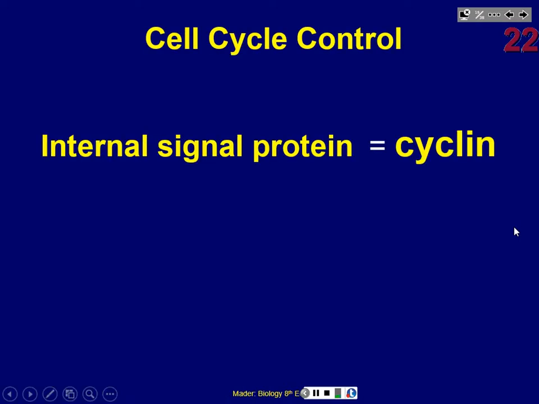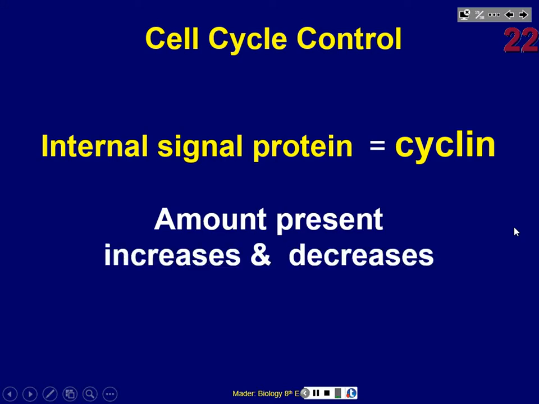Okay, so this whole process is under very, very strict control by lots of signal proteins called cyclins. A signal protein is something that's going to tell the cell it's okay to continue. These cyclins, and there's lots of them, the amount of these proteins, these signals, actually increase and decrease as the cell cycle continues, and that is a signal.